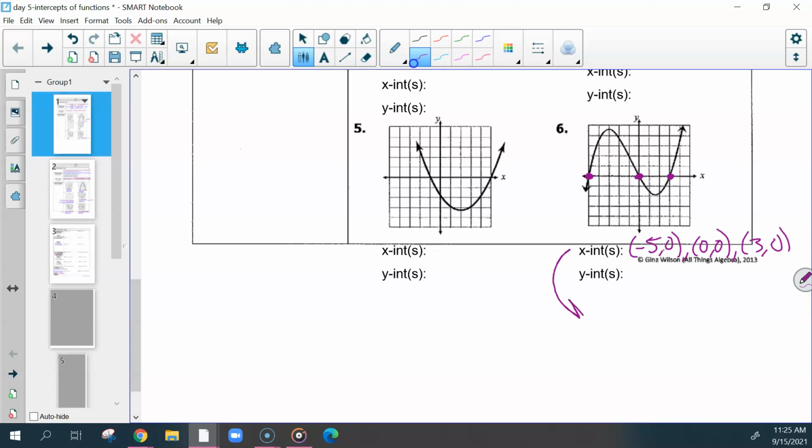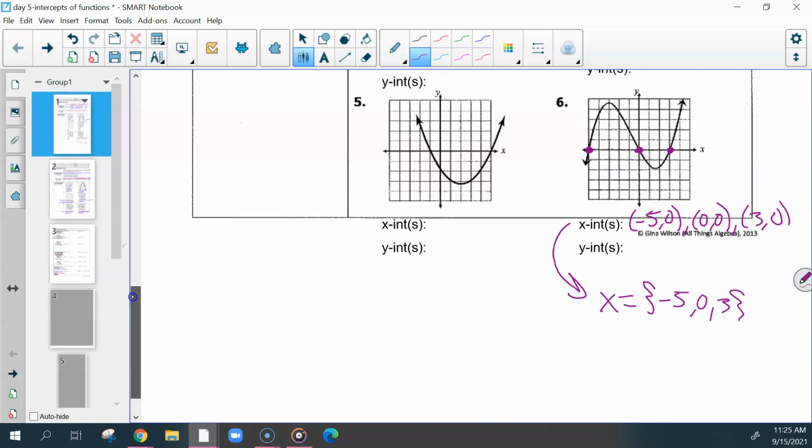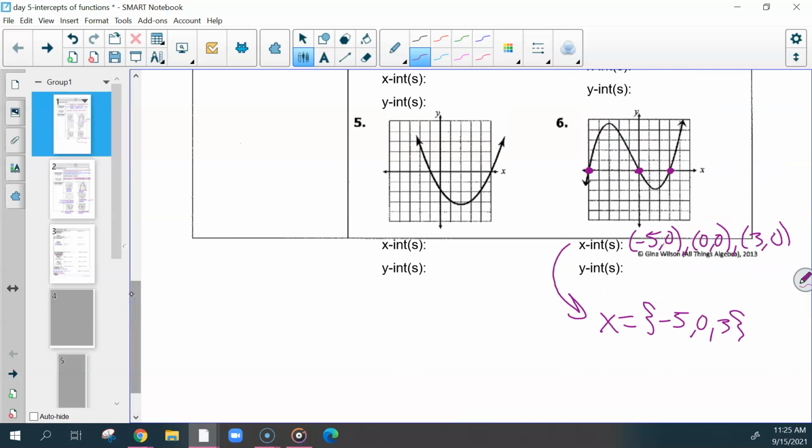I'm going to rewrite this down here since there's multiple. You can also write it like x equals and then all of these items: {-5, 0, 3}. What is our y-intercept? It's also 0.